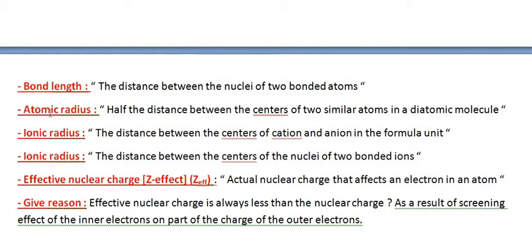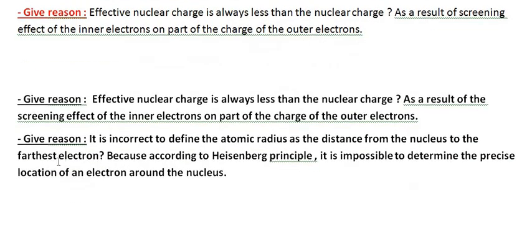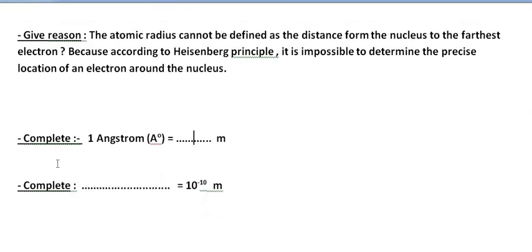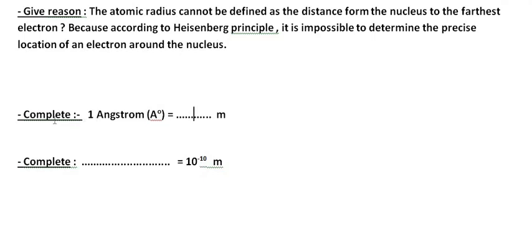If the two atoms are not atoms but a cation and an anion, you get what is known as ionic radius, the distance between the centers of cations and anions in the formula unit. Here, 1 angstrom is equal to 10 to the minus 10 meter.